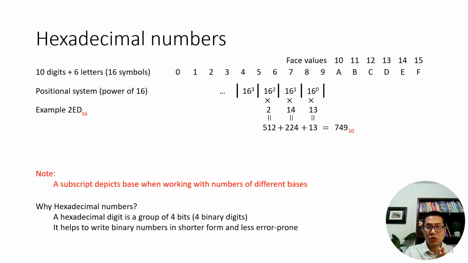But if we need to represent numbers in 0s and 1s, a lot of them, then it's going to be difficult for humans to read. That's why we normally group 4 of them into one group and represent them as a hexadecimal digit, so it's easier for humans to read. Okay. And it's going to be less error prone.